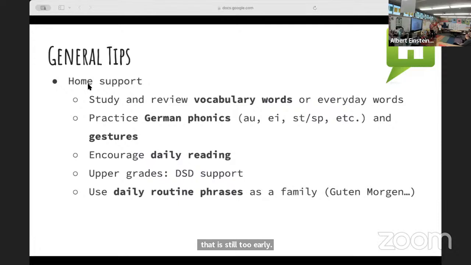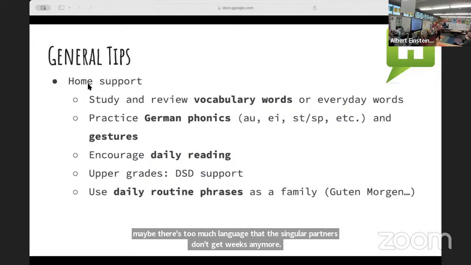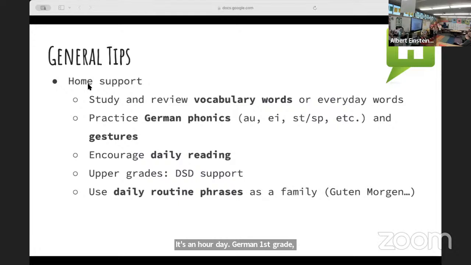Kindergartners don't get weeks anymore. It's an hour a day. First grade German, we still do weeks. But down the line, you don't know how it's going, so we want to make sure we're aware of it if anything related to language learning isn't going smoothly.